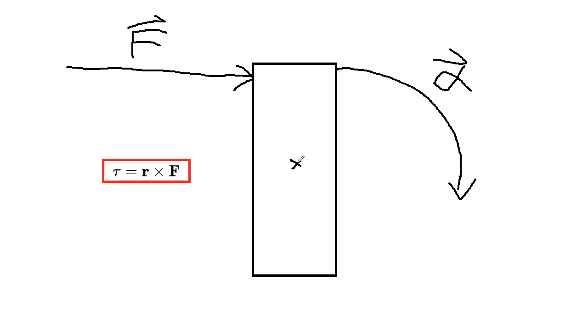Well, plainly put, r is a vector from the axis of rotation, or wherever things are going to spin around, which is usually the middle of our object, to where the force is applied. Right, so this here is r. And so what you'll notice is if we're applying something far away from the center of mass, we'll get more rotation than we would if we push directly on the center of mass.